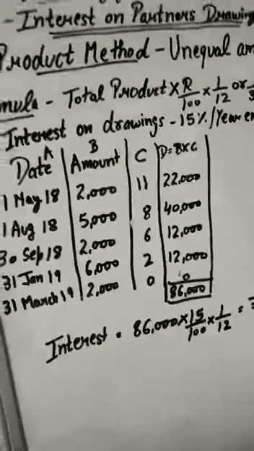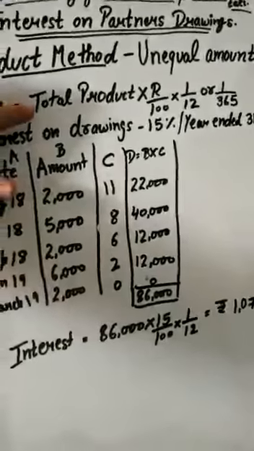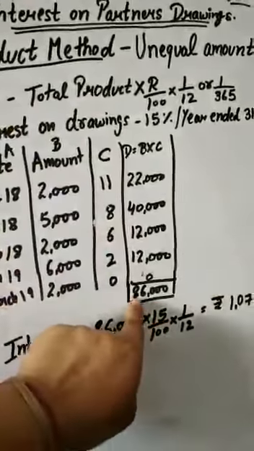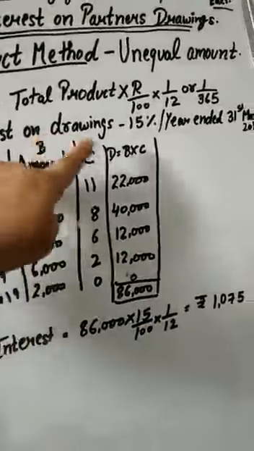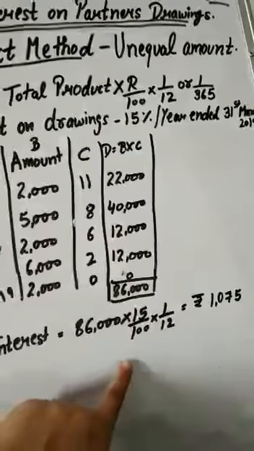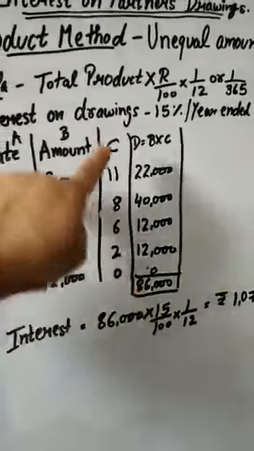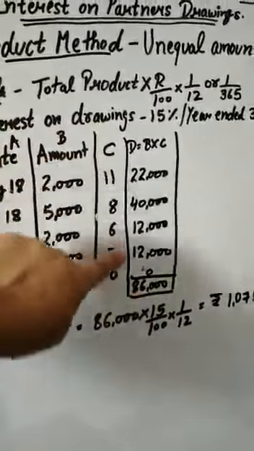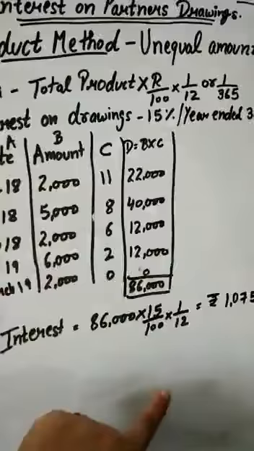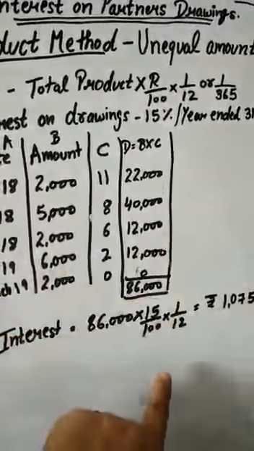So students, what was our formula? It was total product. So how much is the total product? It is 86,000. And how much is the rate of interest? It is 15%. And we are calculating on a months basis, so we'll multiply it with 1 by 12.